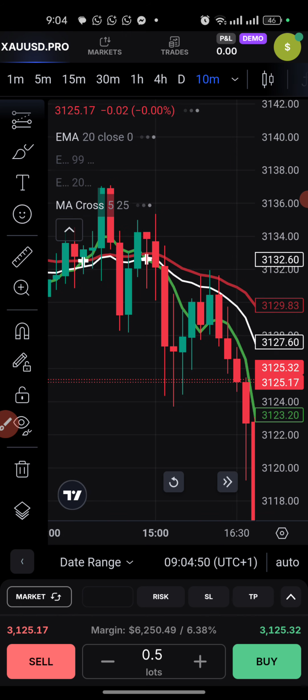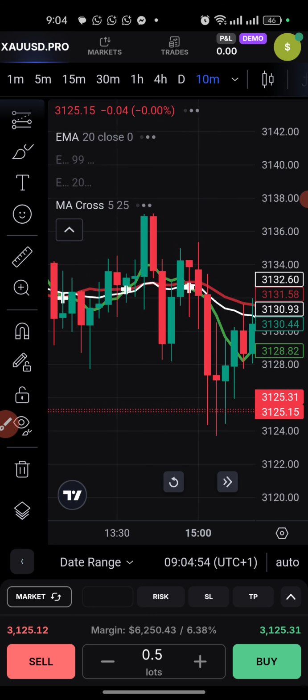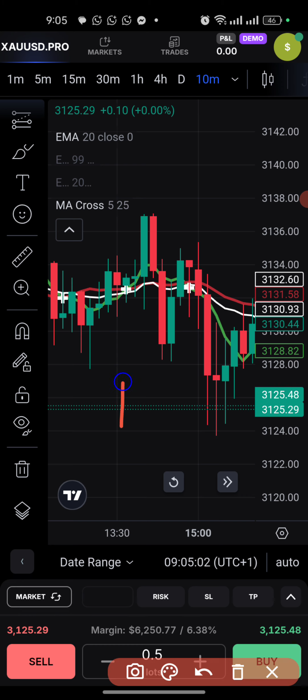We have another cross here. Okay, good. Now, just look at this example, showing you the importance of why you should use a stop loss. We had our cross up. We had a cross there.